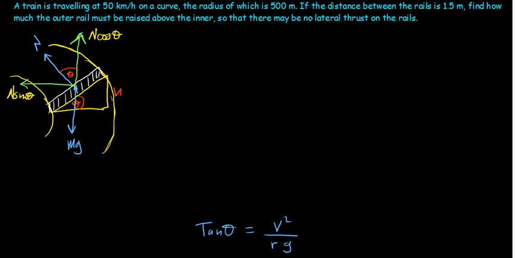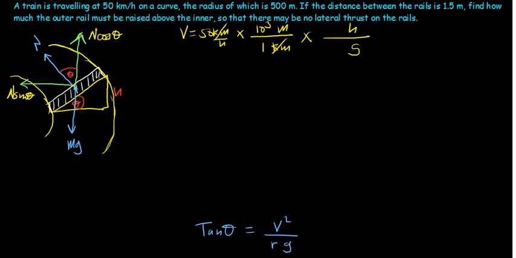Now firstly, I need to convert the velocity into the SI unit for velocity. So velocity is given as 50 kilometers per hour. So I need to convert to meters per second, so multiply. We've got a kilometer on top, I'm going to take a kilometer down. And we want a meter. So in 1 kilometer, we know we have got 1,000 meters. So the kilometer and the kilometer will cancel. Now we have got the hour down, so I'm going to put the hour on top.